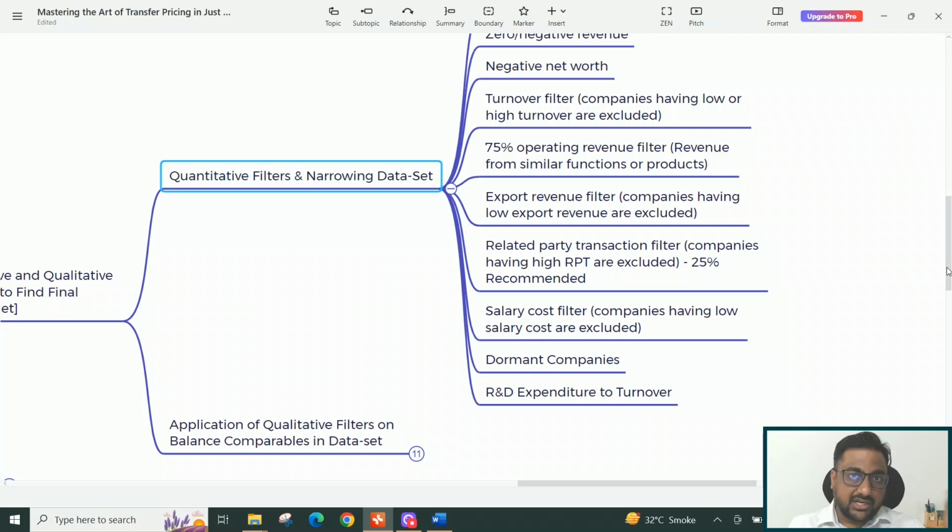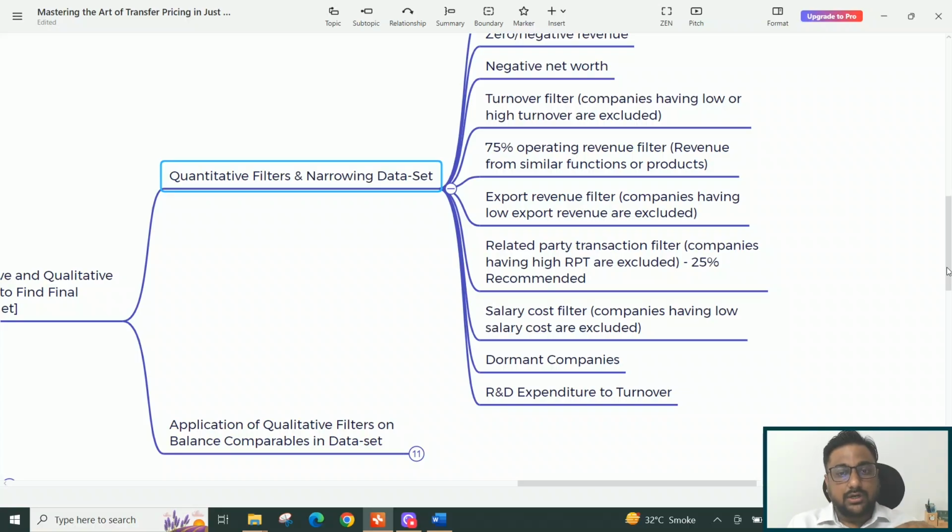So there will be a ratio of related party transactions to sales, but in that list we will only take the transactions which affect the profit and loss account of the company. That is also pre-tax, correct? For example, if rent is being paid to a related party, or goods have been purchased from or sold to that related party, we take all these values and compare them with the sale value of that company in that particular year.